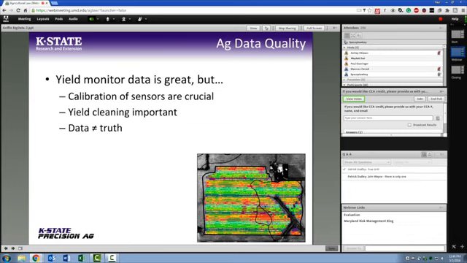And one other thing I want to bring out about yield data is that, imagine we have a 3-year plan to participate in a big data system, and there's a gap in the data. One of the years has a big hole in the middle of the field because the yield monitor was not performing correctly, the combine operator was maybe playing with the hydrostat too much, where the numbers on the yield monitor were spiking. We could remove those.